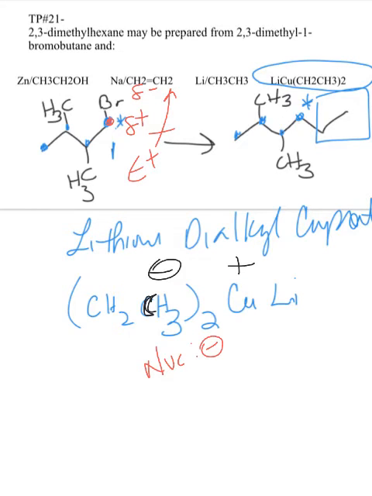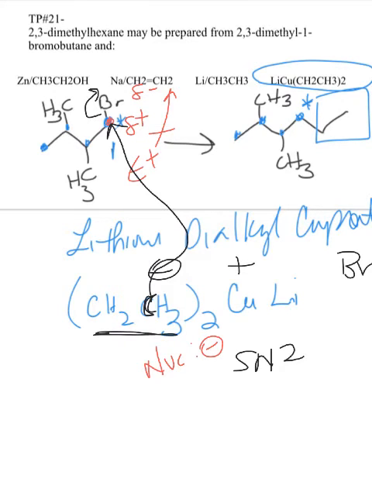Okay, so what happens is the electrons from this carbon attack in an SN2 reaction the carbon that's bonded to the halogen, and then your halogen Br is your leaving group. This is a backside attack, and now all you're doing is adding this ethyl group.